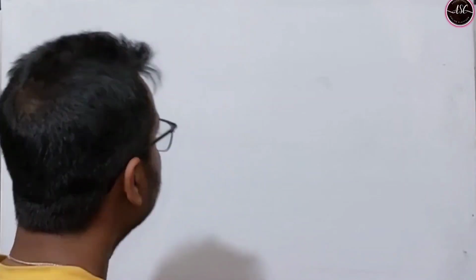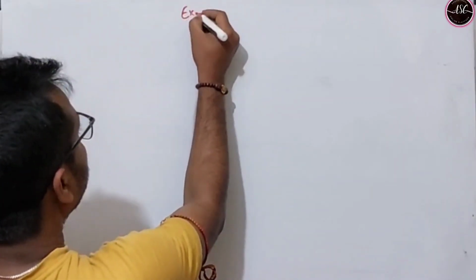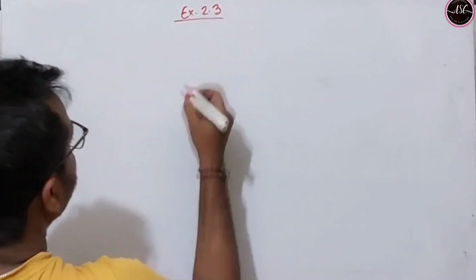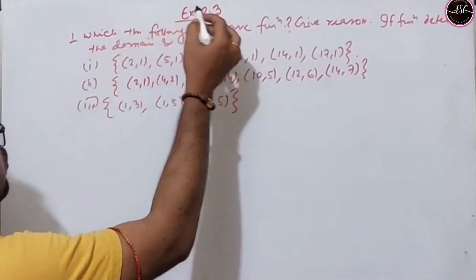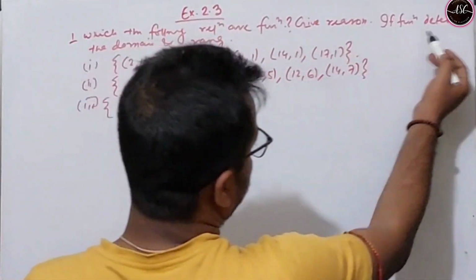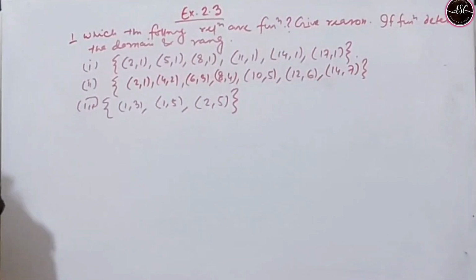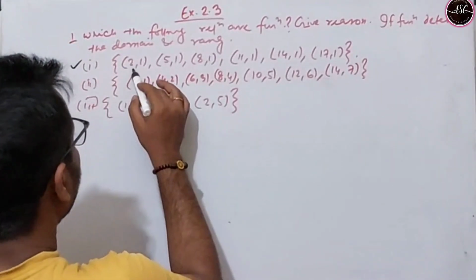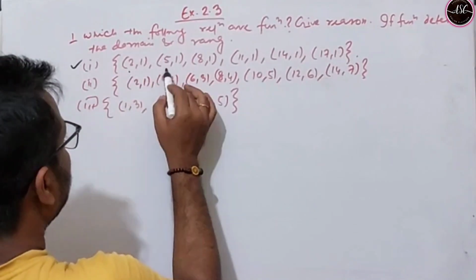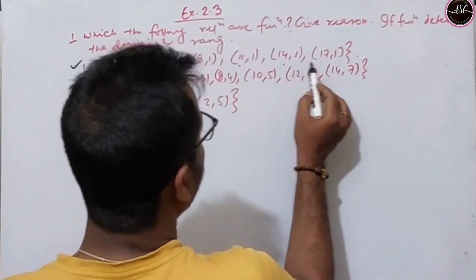Now we are going to do exercise number 2.3 of your NCERT textbook. Just look at the question. Here it says, which of the following relations are functions? Give the reason. If it is a function, then determine the domain and range. Now, in the first, we have seen here all the first elements 2, 5, 8, 11, 14 and 17.